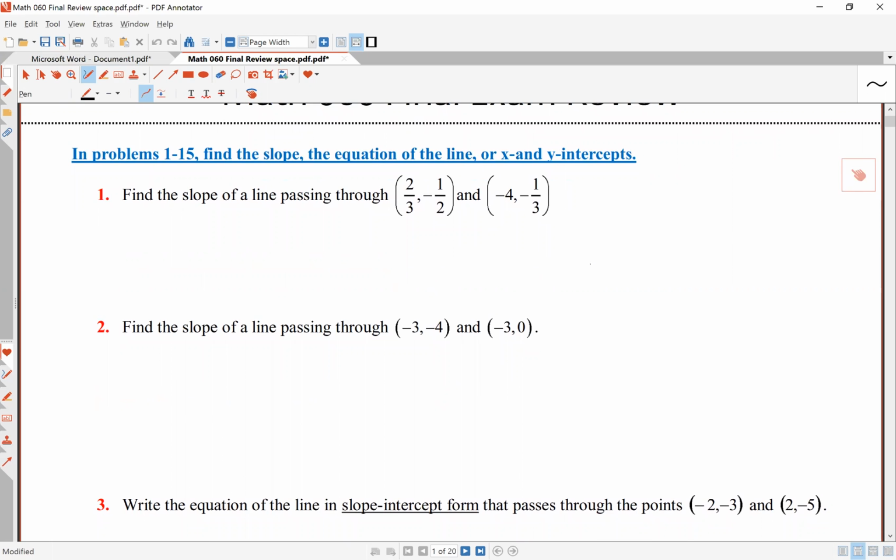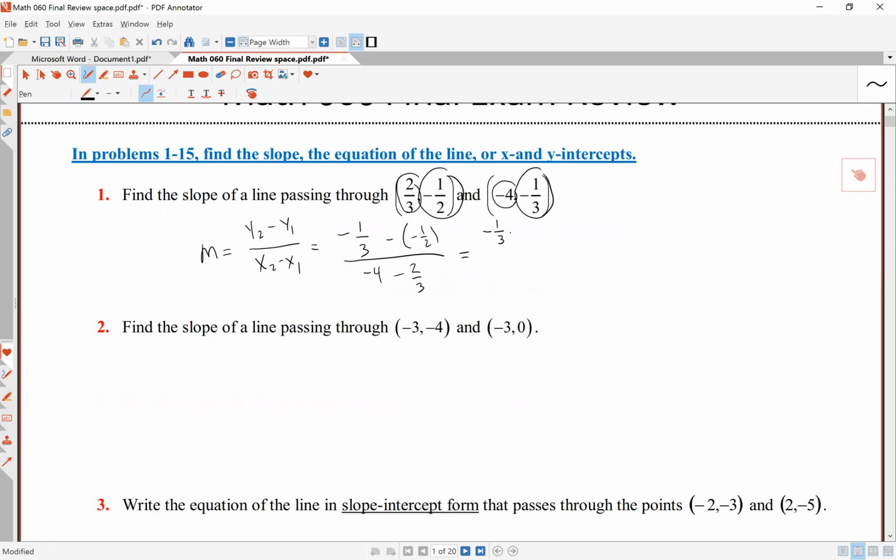All right, find the slope, the equation of the line, or x and y intercepts. That's all our linear equation stuff. So our slope formula is the change in y over the change in x. y2 minus y1, negative 1/3 minus negative 1/2, divided by x2 minus x1, negative 4 minus 2/3.